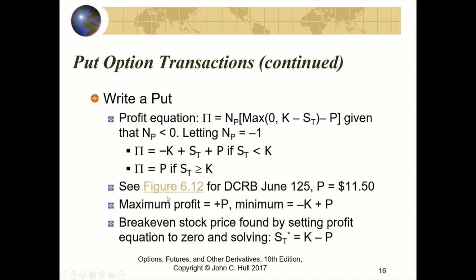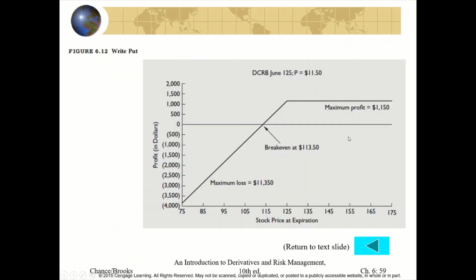Now, the maximum profit for this position is the premium that we received, and the maximum loss occurs when the price of the stock goes to 0, in which case I will pay the strike price. I have to buy the stock, so I lose the value of the stock. So my maximum loss will be 11,350.